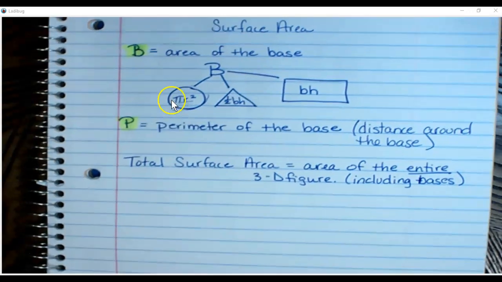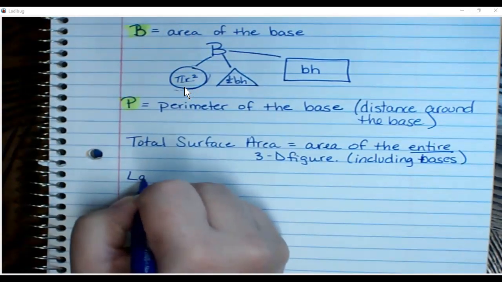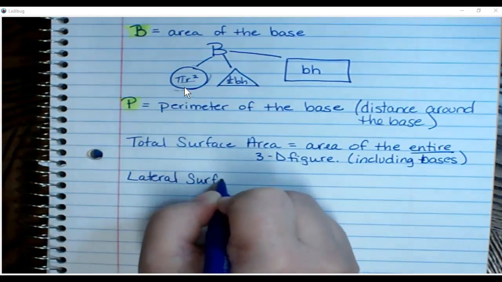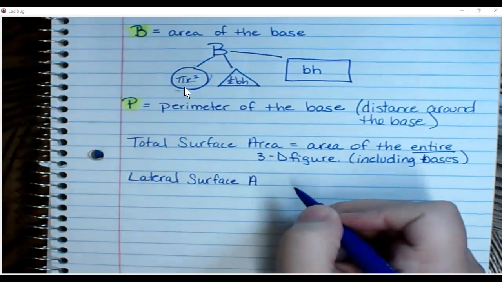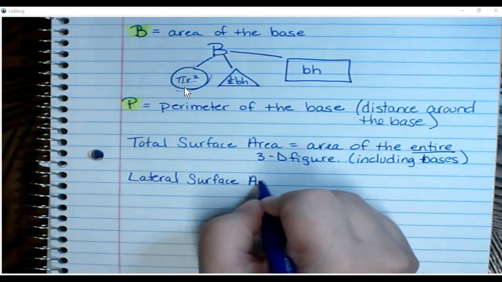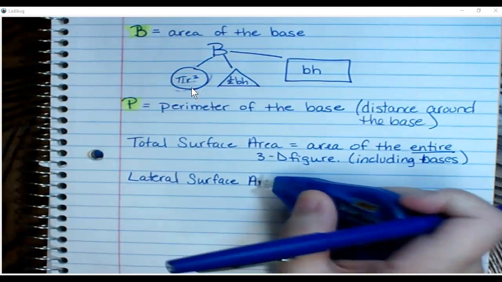Okay? The next one is lateral surface area. And these two are real important to know the difference between, because questions are going to ask you to find total surface area, or they're going to ask you to find lateral surface area.